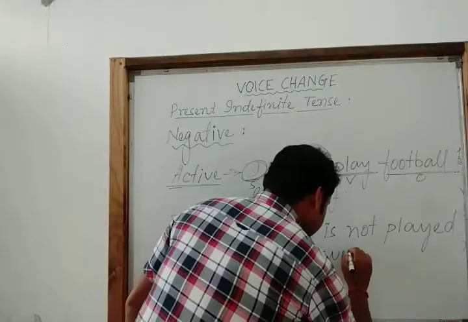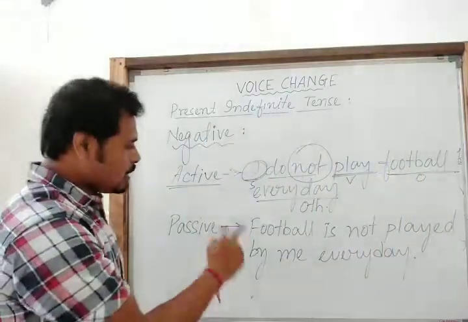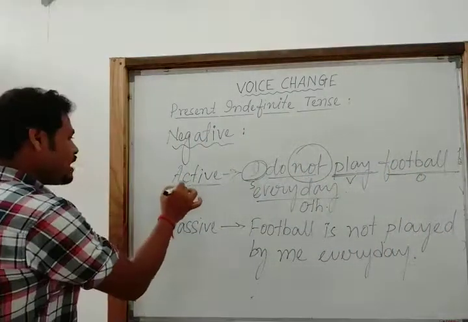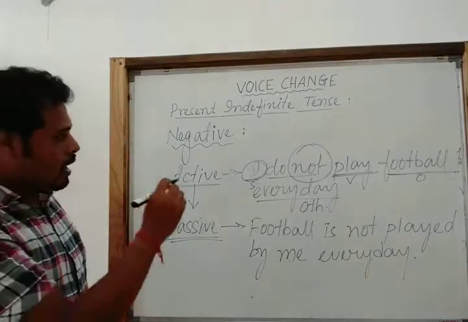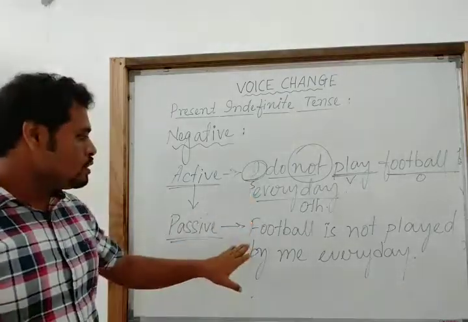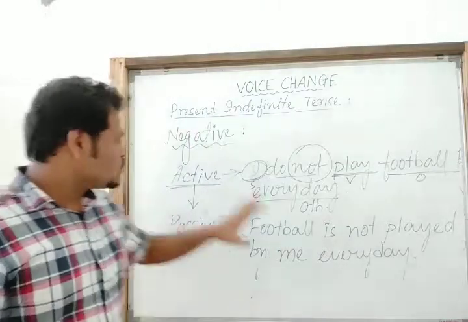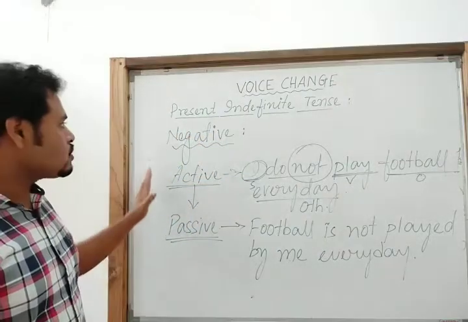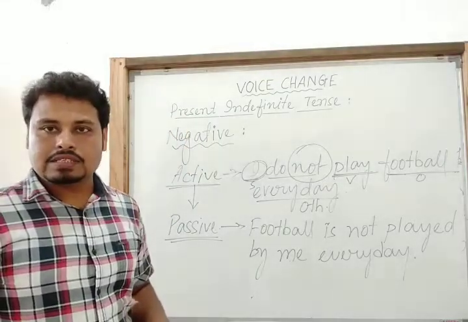This every day, as it is the others, so we can now use this. So this is the changed form from active to passive. I do not play football every day. It would turn into football is not played by me every day. So this is the change of negative sentences in present indefinite tense.